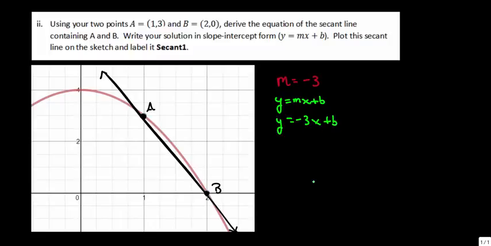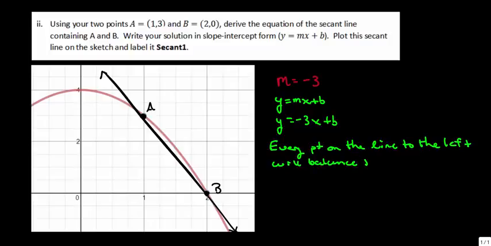And we get this. Now here's the deal, and here's what you should know about why you're doing what you're doing. This equation right here, y equals negative 3x plus b, satisfies every single point along this line, meaning that every point on the line to the left here will balance for any point on the line.